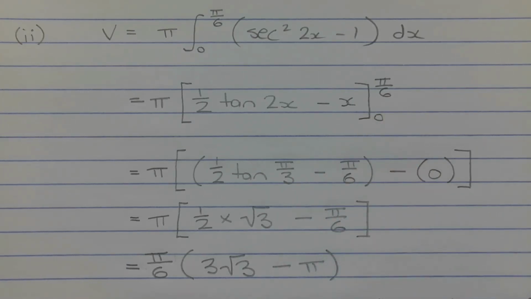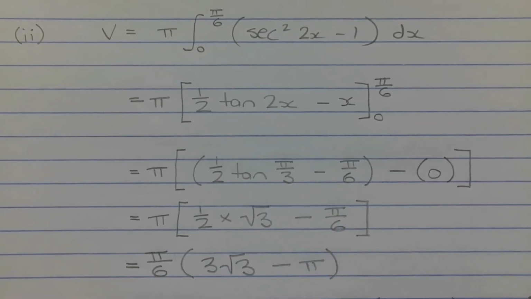Applying the limits of integration, we get V is equal to pi times, open bracket, half times tan pi over 3 minus pi over 6 minus 0, close bracket. Now tan pi over 3 is an exact trigonometric ratio, which is equivalent to root 3. So we get V is equal to pi times, open bracket, half times root 3 minus pi over 6, close bracket.